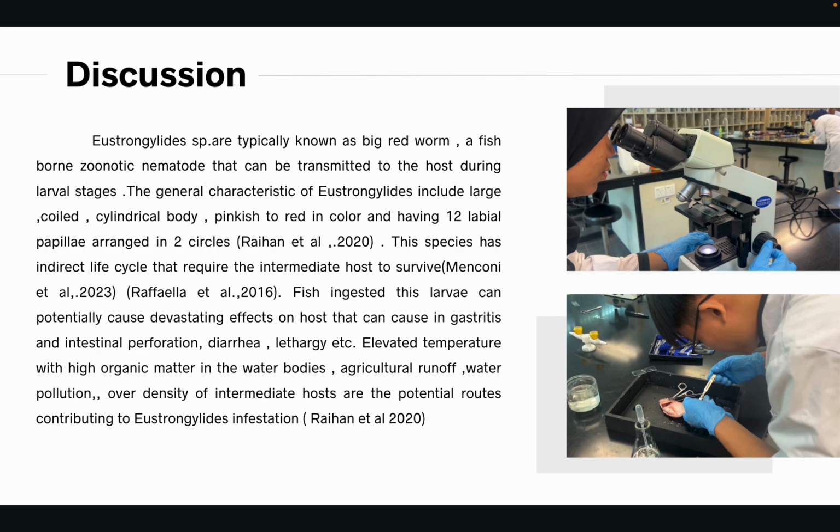Fish that ingested these larvae can suffer devastating effects such as gastritis, intestinal perforation, diarrhea, and lethargy. Elevated temperature with high organic matter in the water bodies, agricultural runoff, water pollution, and overdensity of intermediate hosts are potential routes contributing to Eustrongylides infestation.